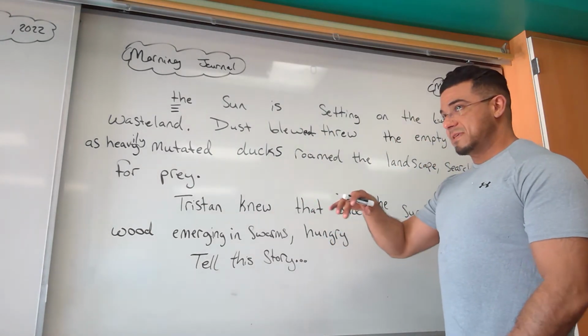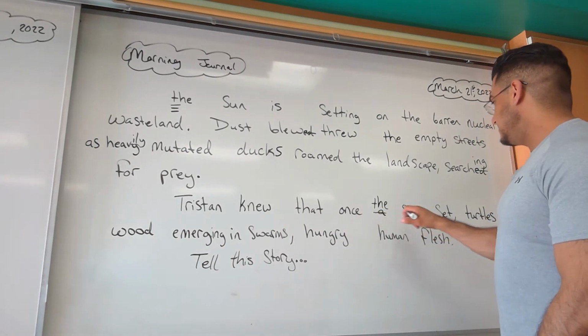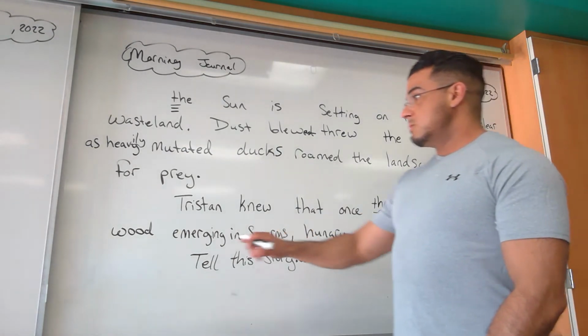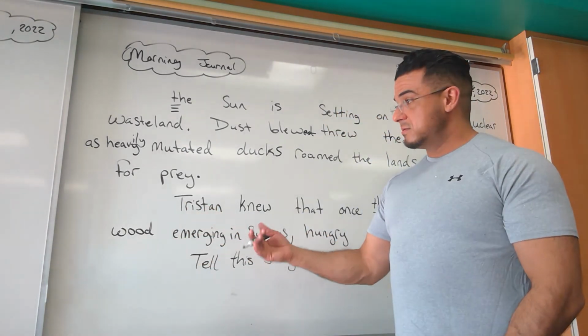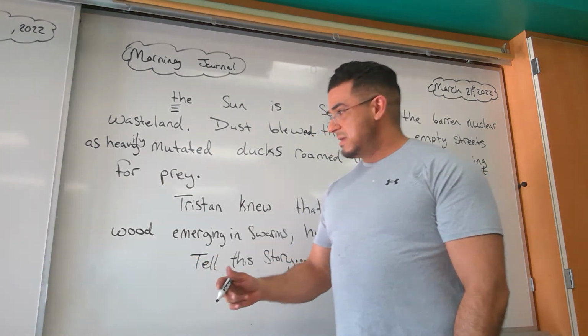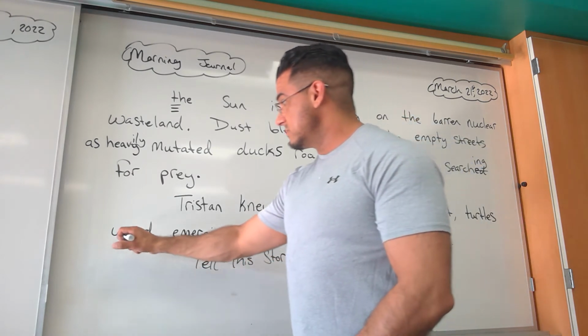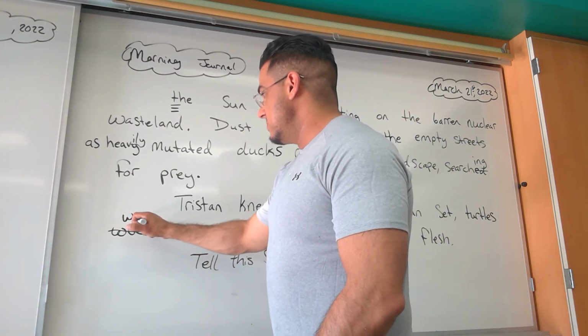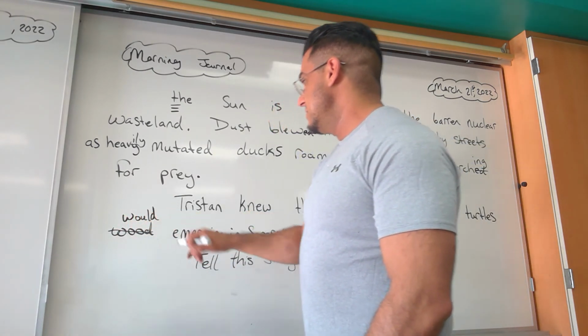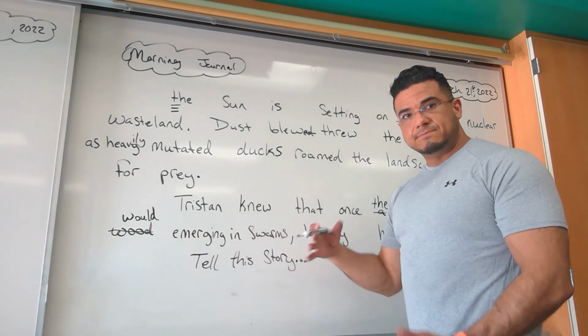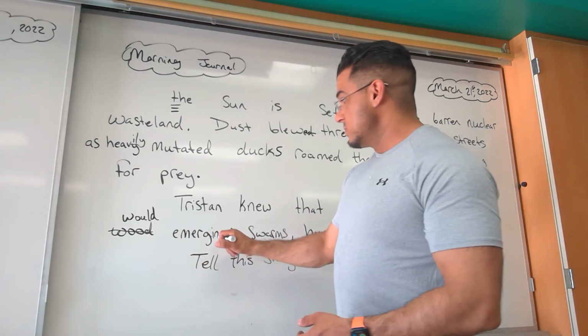Tristan knew that once the sun set, turtles would, and again, we have another homophone, so it sounds like the would I intend to use, like that conditional. Instead, this is the wood, like from a tree. So I'm going to change that to W-O-U-L-D. Would emerging, not quite, would emerge.